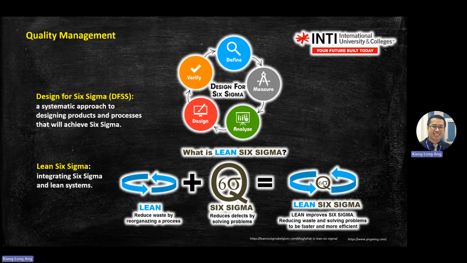So you want to make sure that every time you cut, you use up most of the area. That is called lean, for example. It means you reduce waste in your process. Then Six Sigma is the one that we saw just now. You use statistics tools and measure it, making sure it's within the range of Six Sigma.